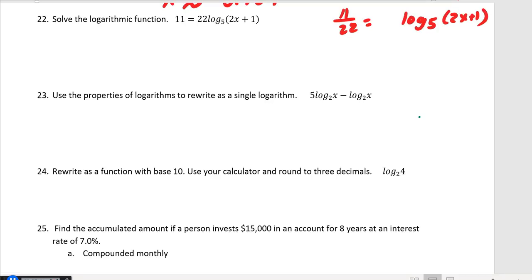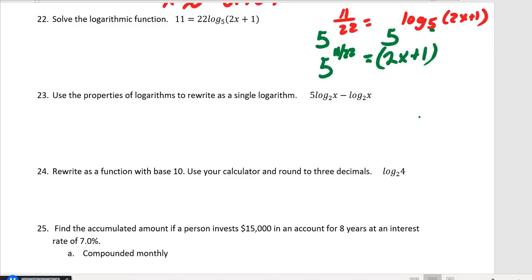If you want to use the other method for this, you can also do the same thing. So you take the base, and you make that the base of both sides. Because we know that a base, when it's raised to the log of 5 to the 2x, becomes 2x plus 1. I'm going to have 5 to the 11 twenty-seconds is equal to 2x minus 1.